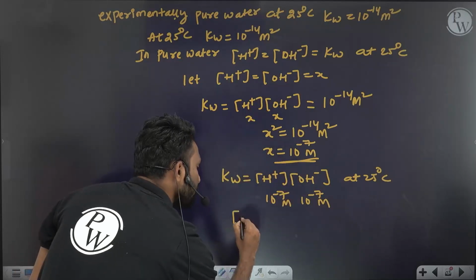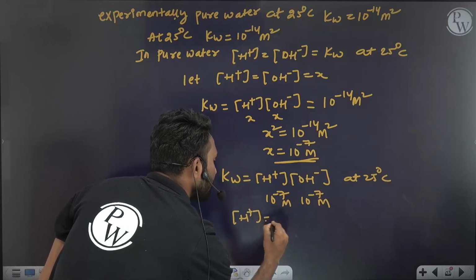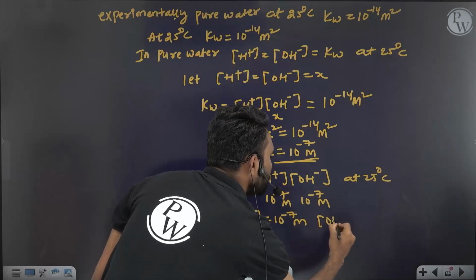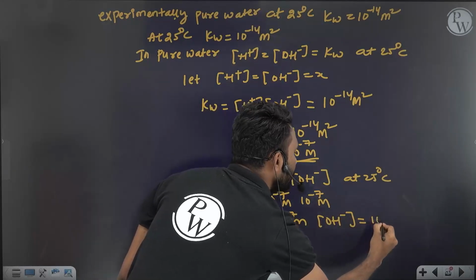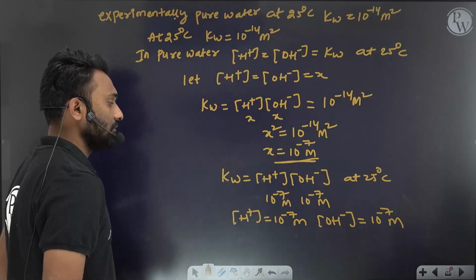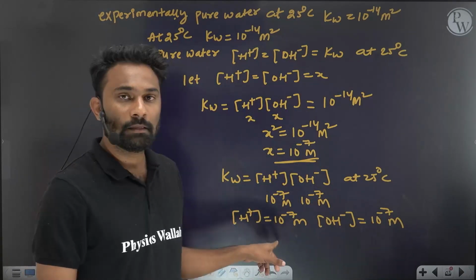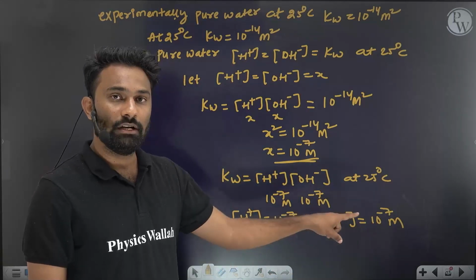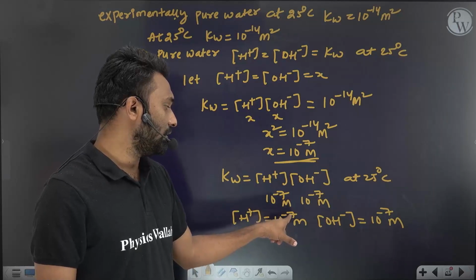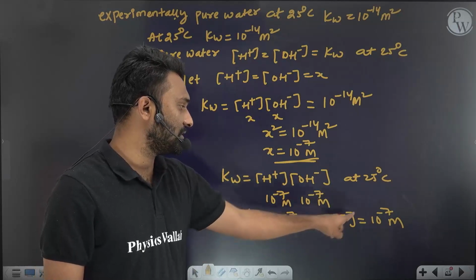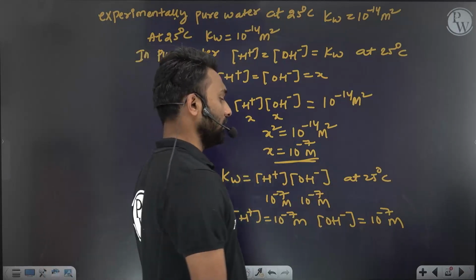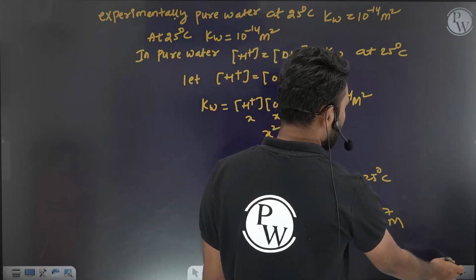So in pure water at 25 degrees, the H plus ion concentration is 10 to the power minus 7 molar and the OH minus ion concentration is 10 to the power minus 7 molar.